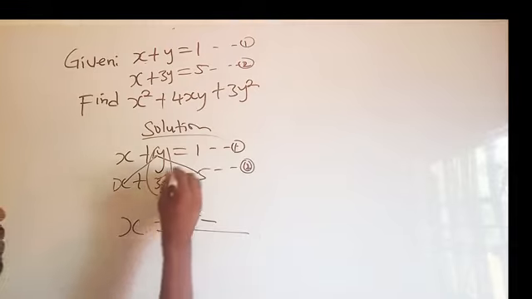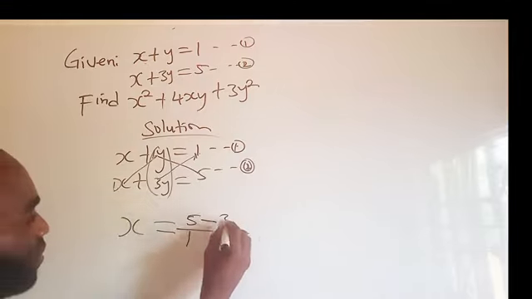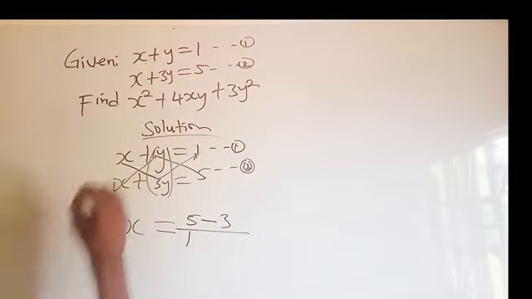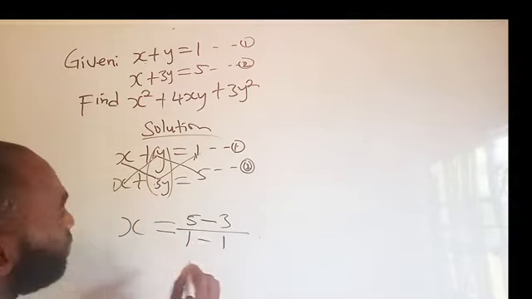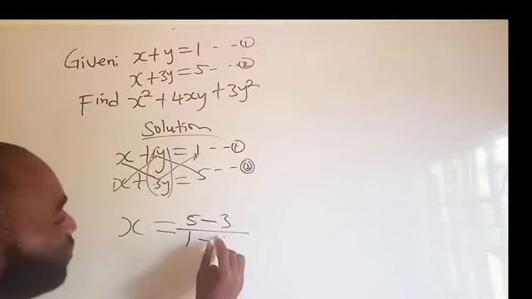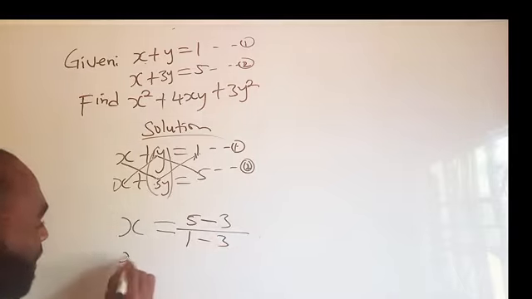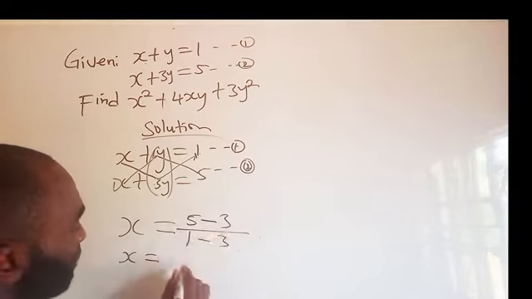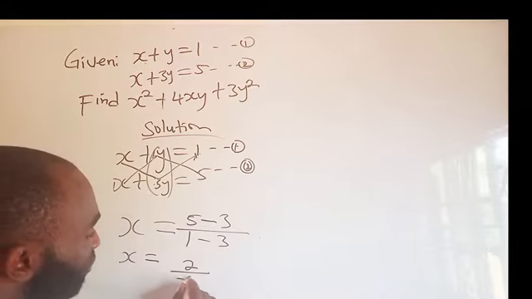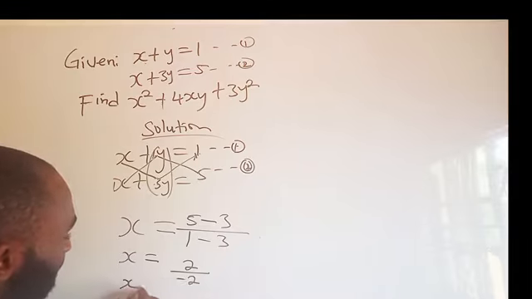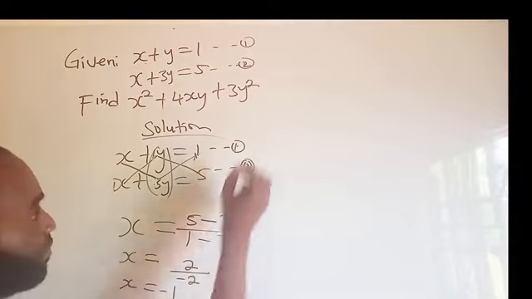Then 3 times 1 is 3. And with this, x is equal to 5 minus 3 is 2, all over 1 minus 3 is minus 2. And then x is equal to minus 1.